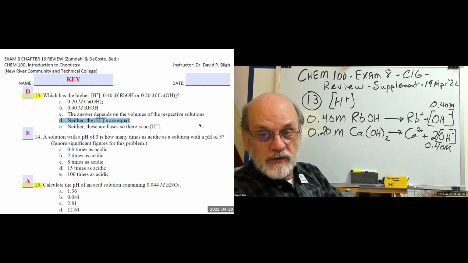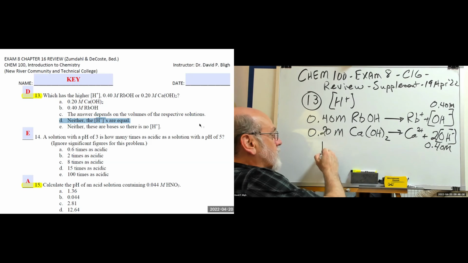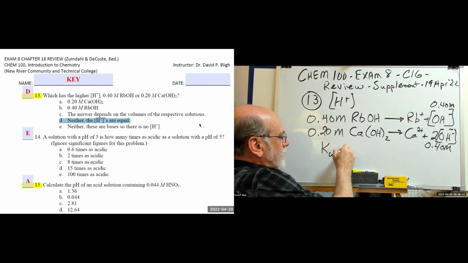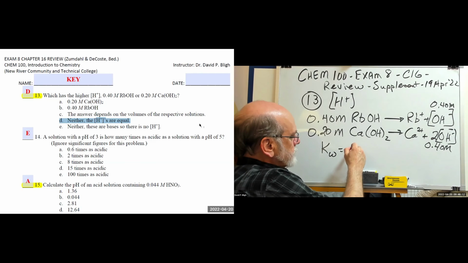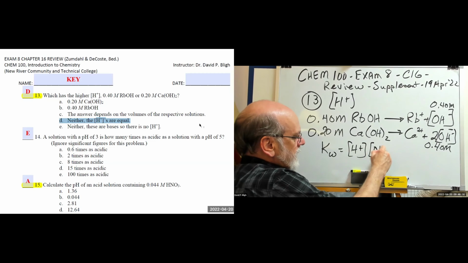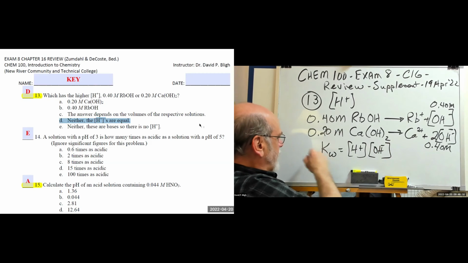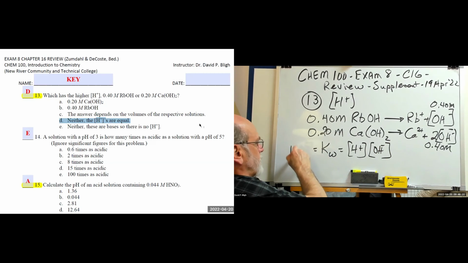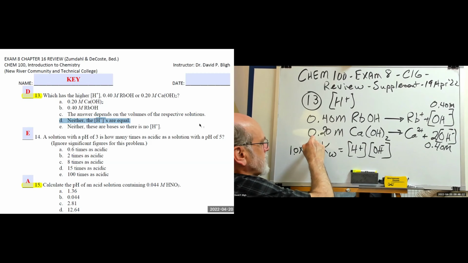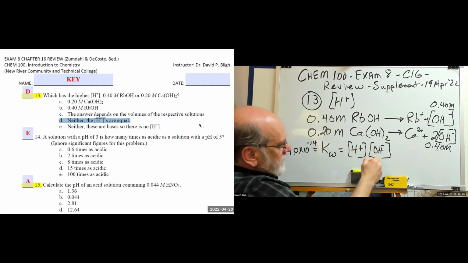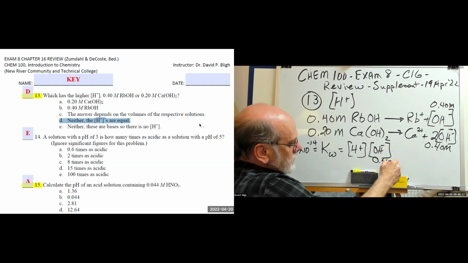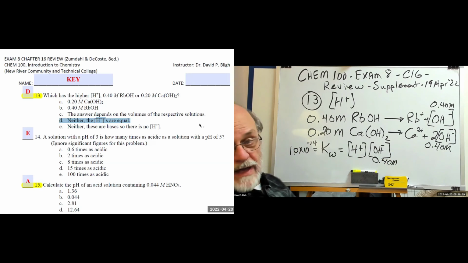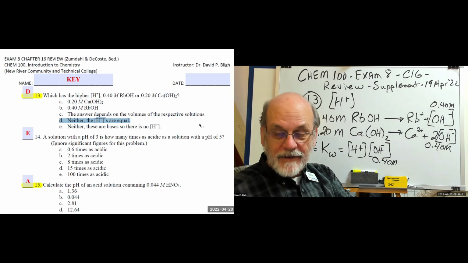You can introduce those into our equation where Kw equals, like that, right? This is equal to 1 times 10 to the minus 14. So we would just plug in this one as 0.40 and then calculate what hydrogen is. Okay.